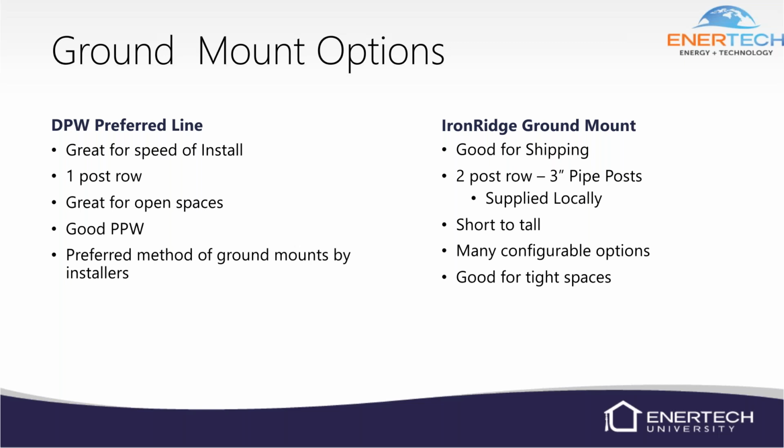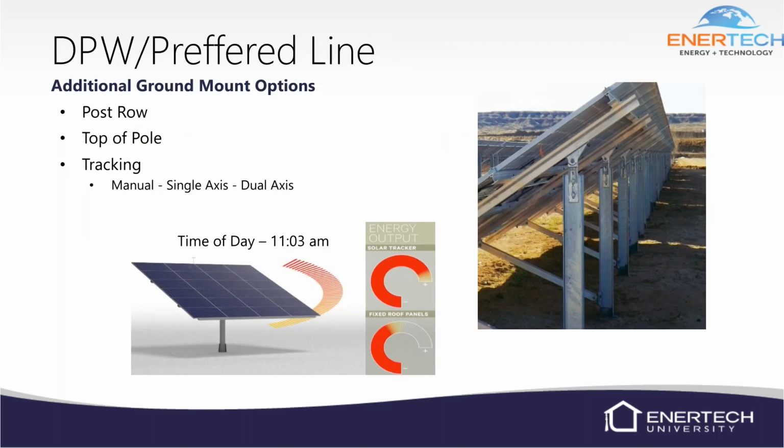I've got a picture of it coming up, but there are many configurable options, and it is good for some tight spacing. Basically, to the right here is a DPW racking system. It kind of looks like a little triangle. You can see the I-beam and then the little cantilever or arm coming off the bottom that'll hold the bottom of the racking.